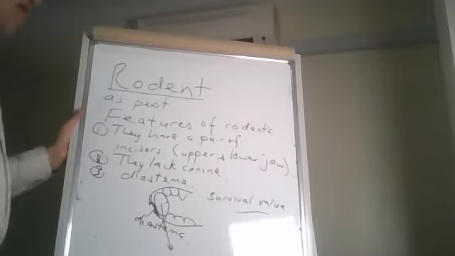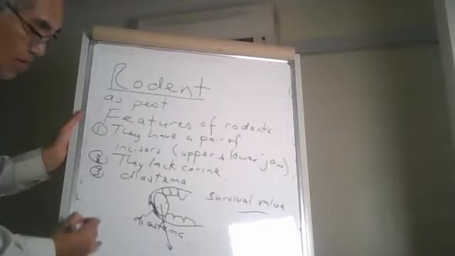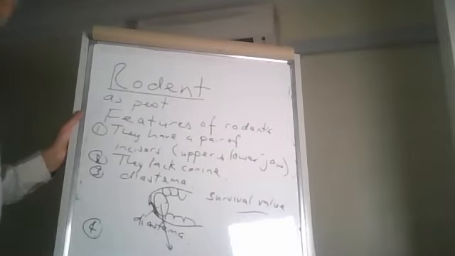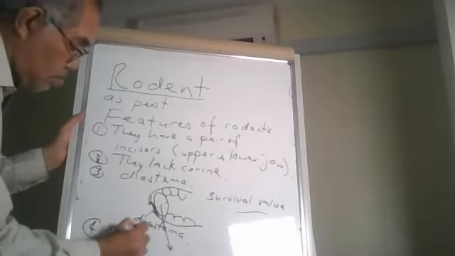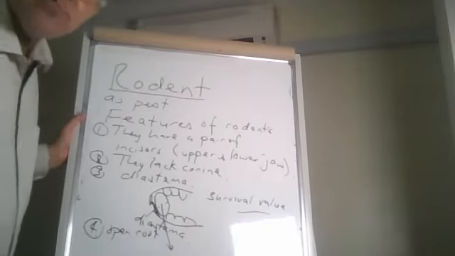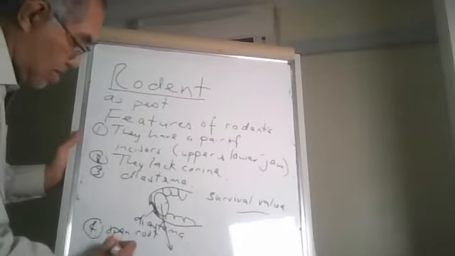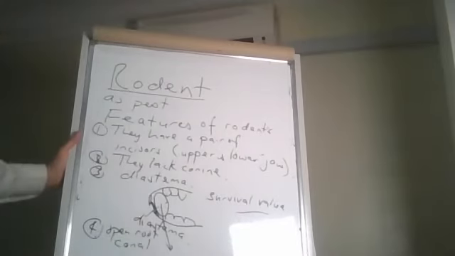Okay. Now, there's another feature or characteristic that is shared by all rodents. They have an open root canal. Can you see that? Open root canal, meaning to say that the teeth will grow continuously throughout life.